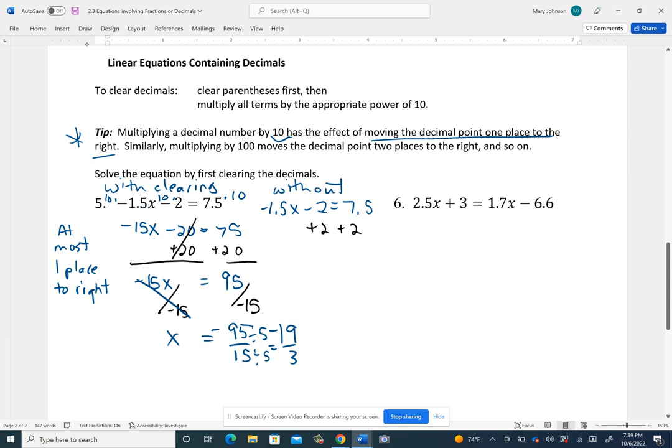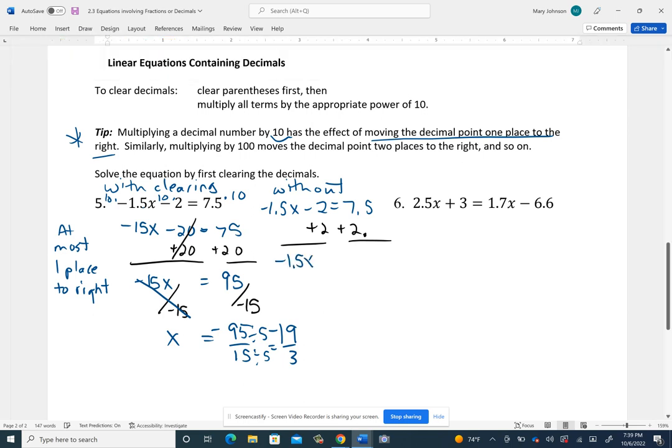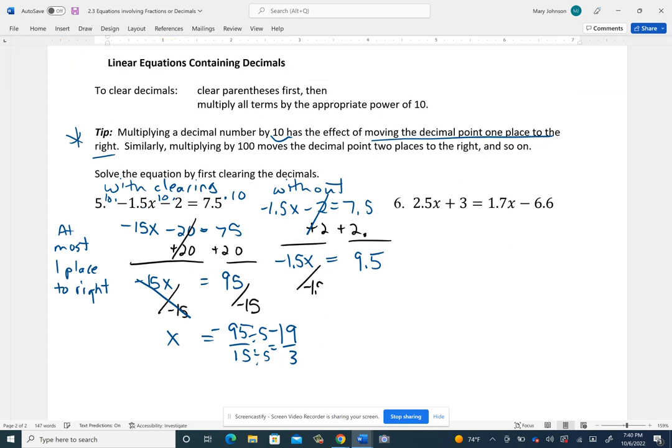You don't even have to know that the decimals get lined up, because you're going to use your calculator to do the calculation. You just have to know to add 2, and then the calculator gives you the 9.5. Then I need to get rid of negative 1.5, so I'm going to divide by it on both sides, and I'm going to wind up with x equals 9.5 over negative 1.5.